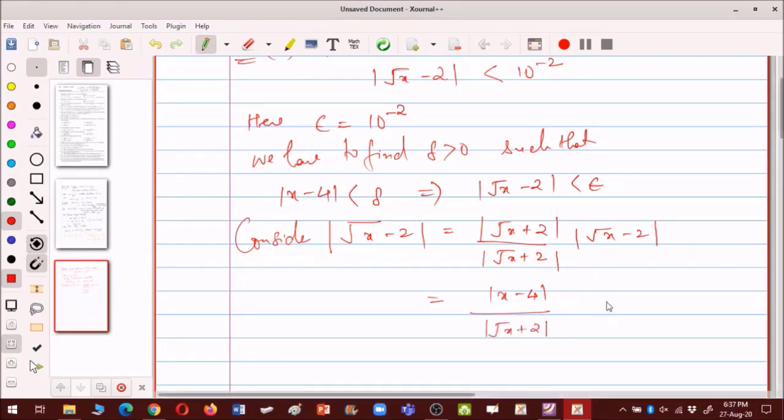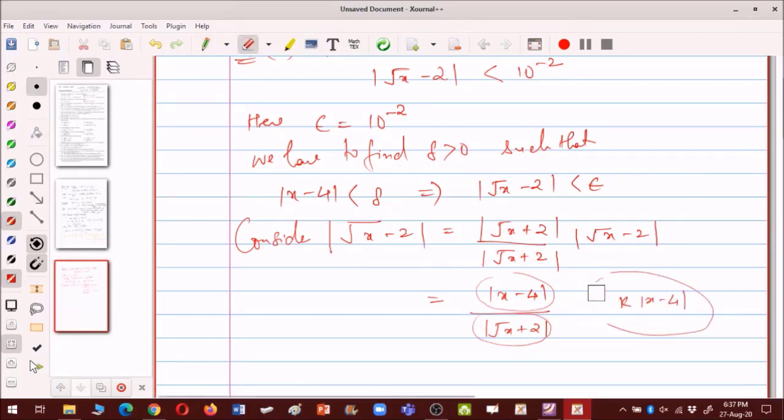Now, since we have this in terms of x minus 4, I want to replace the other factor by some constant k, so I get k times mod x minus 4. So I have to take some bound on x minus 4.